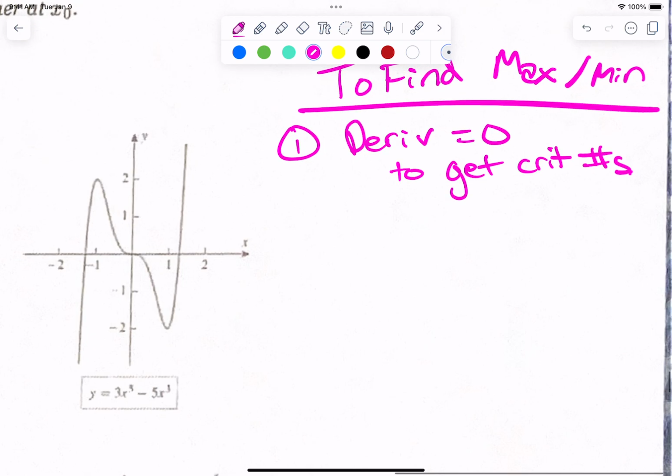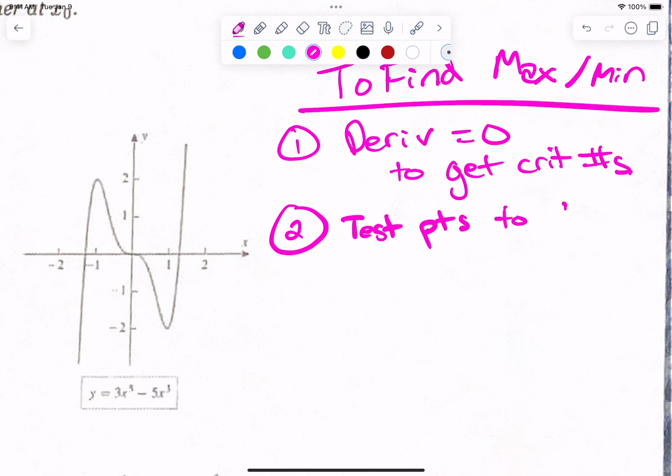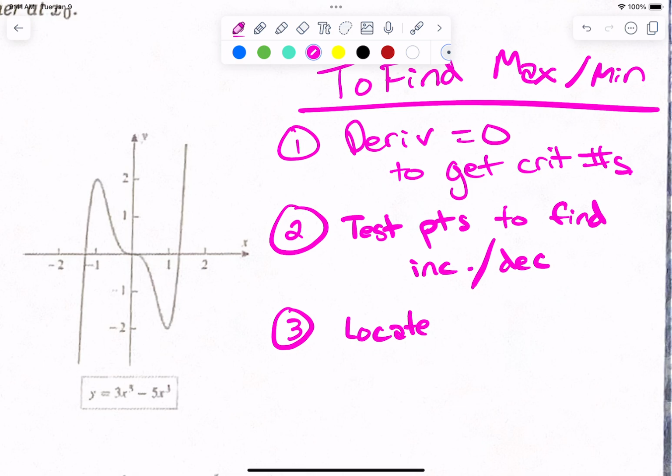Step number 2: chart, test points to find increasing, decreasing. And then locate max, min.